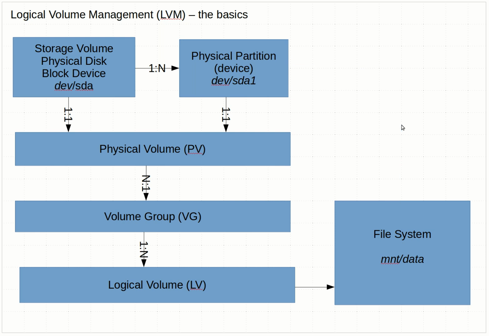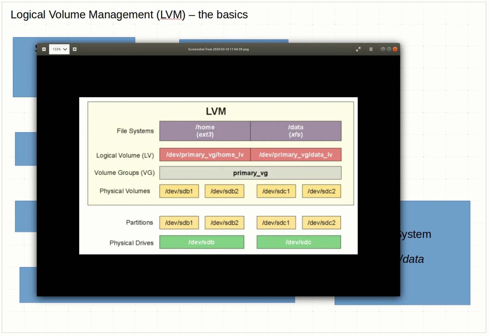So here you have it. All the terms used in logical volume management, arranged in, for me at least, a logical way. And what I want to do now is show another picture. This one, I just found somewhere else. It's a more concrete picture, an example of how logical volume management would look.